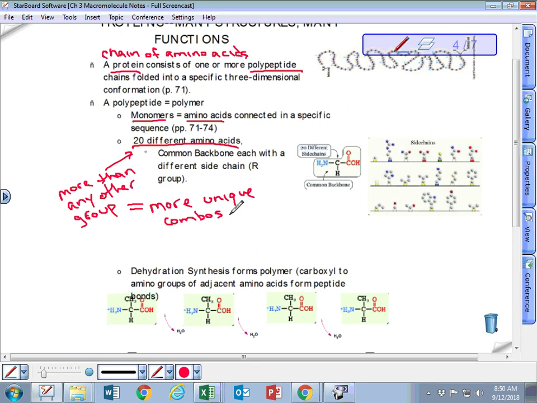You can get all of them in your diet. Of those 20, you can make 13 of the 20 yourself from the other foods you eat.